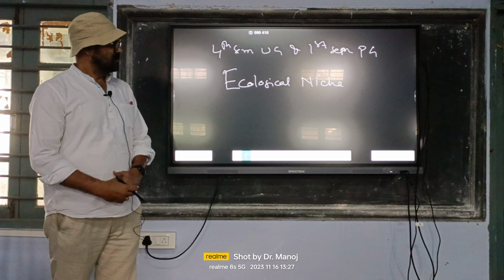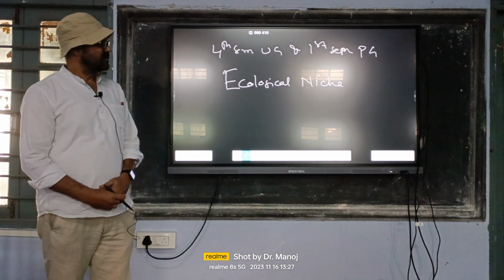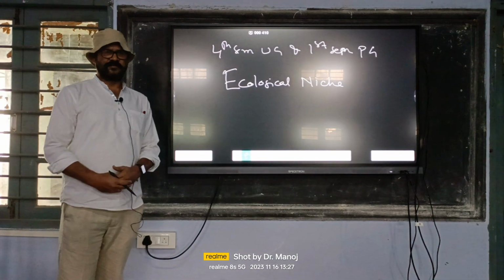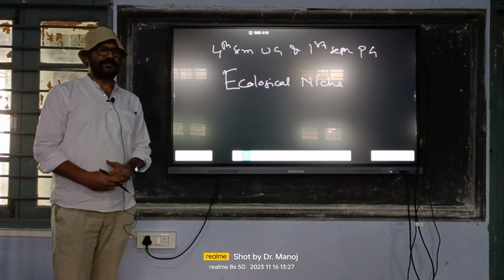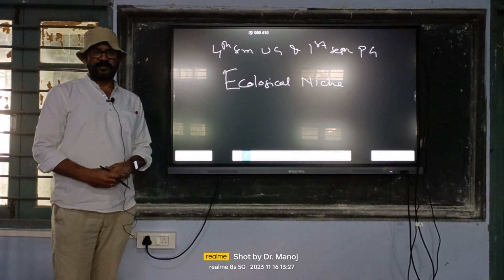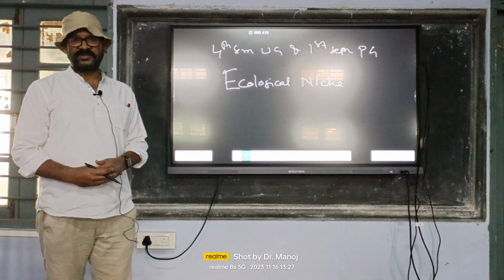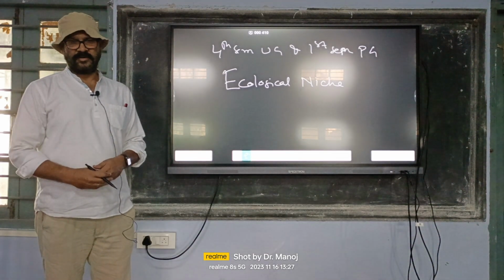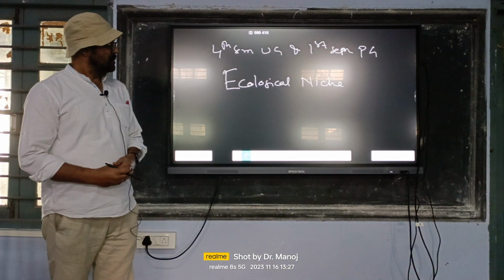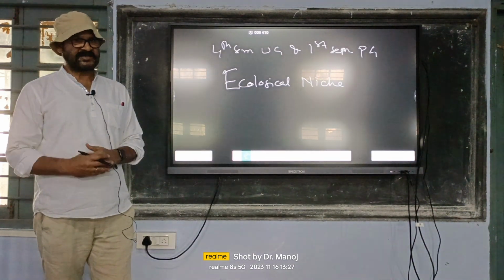But ecological niche is somewhat different from the habitat in the sense that the term ecological niche is more inclusive, and it involves not only the physical space occupied by the organism, but also its functional role, particularly its trophic position and the position in environmental gradients. Therefore, we have three types of ecological niches on the basis of these three aspects.